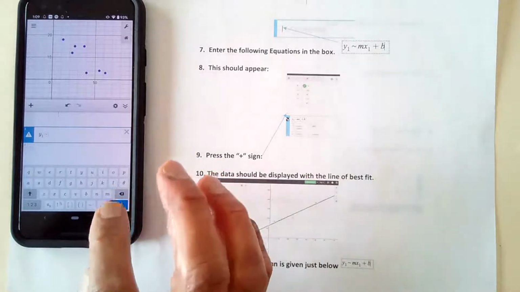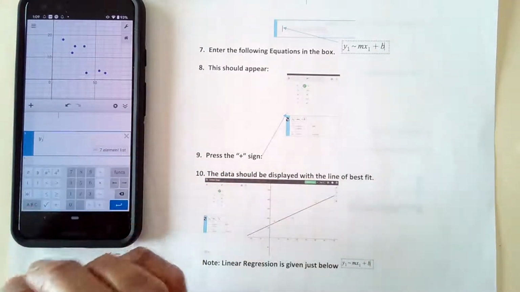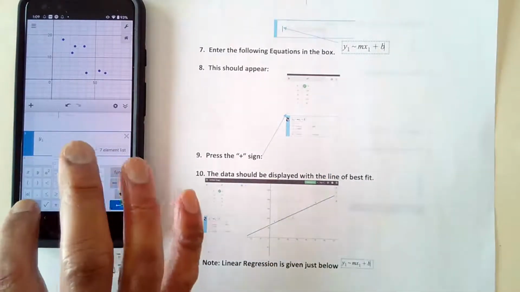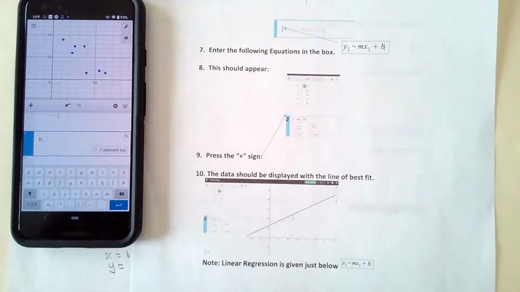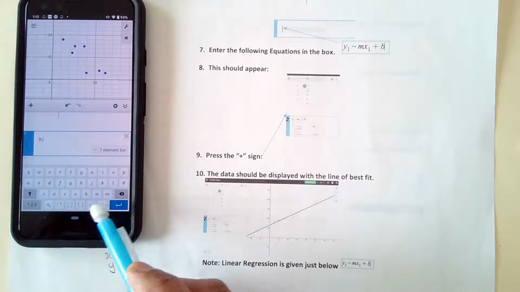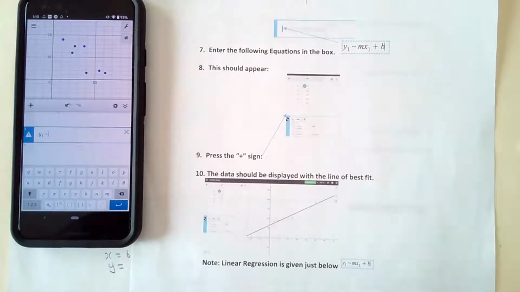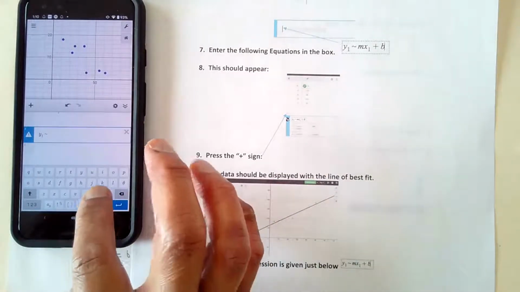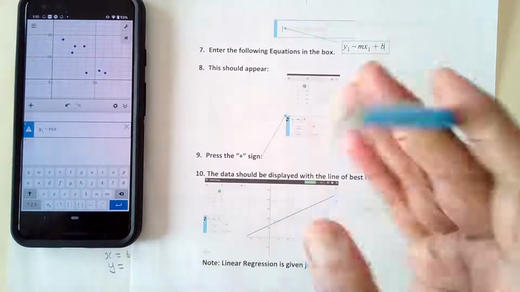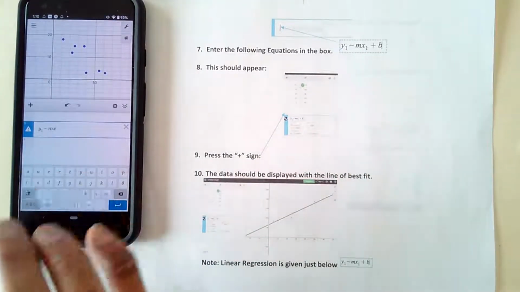Okay, I'll repeat that. So normally this is our keypad. We want this tilde sign there. Press ABC, and the tilde sign is just to the left of the arrow key. Now I touch the tilde sign, then M, X. Now I need to get this subscript of 1, so I'm going to go back to the 1 here.